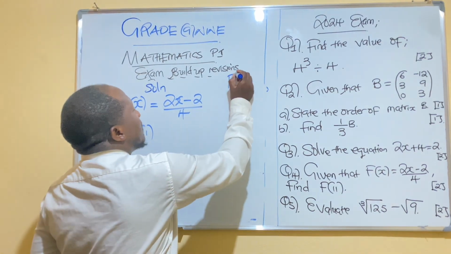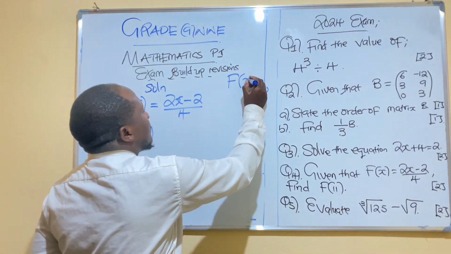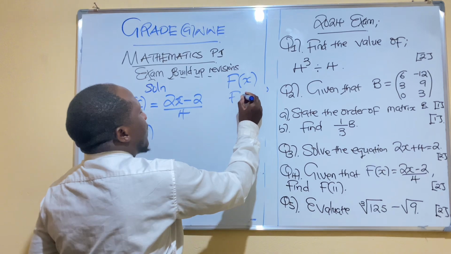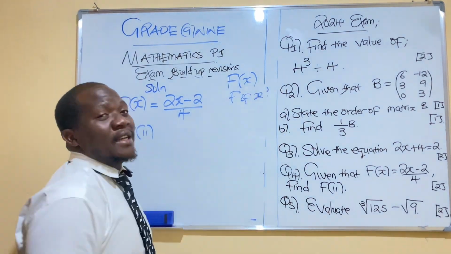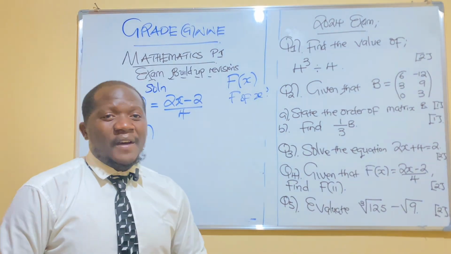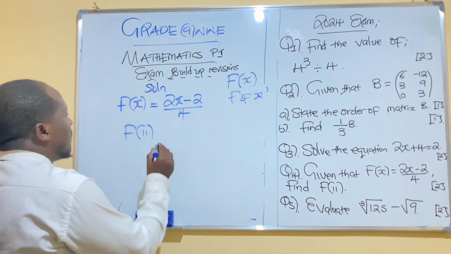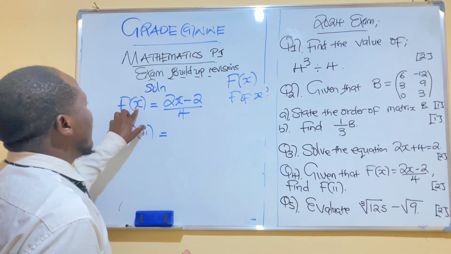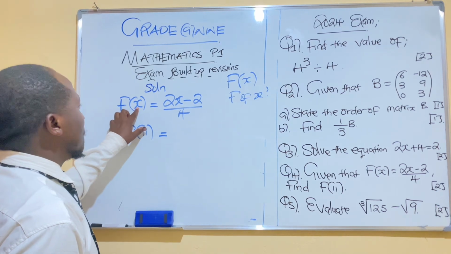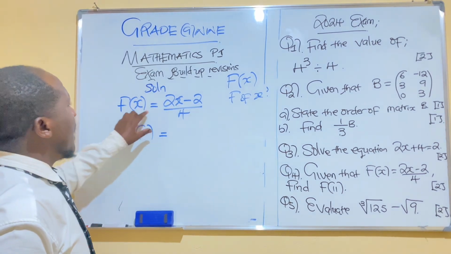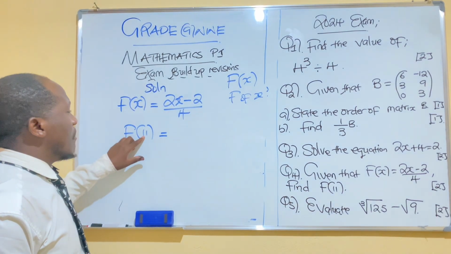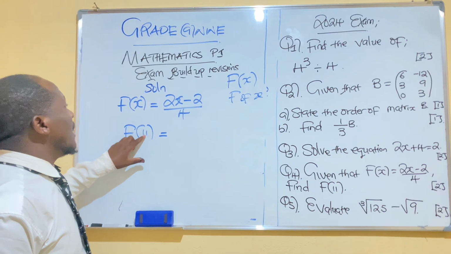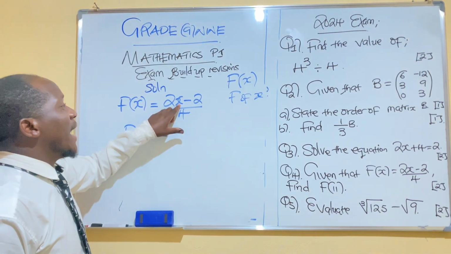So when something is written as f, open brackets, x, this is read as f of x, which means we are talking about the function of x. In the first place, x is the variable being replaced here. Hence in place of x, there is a number, which is 11.